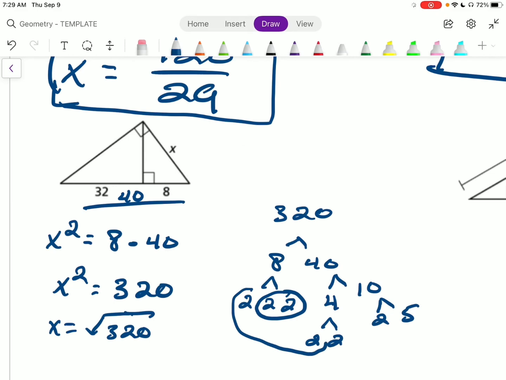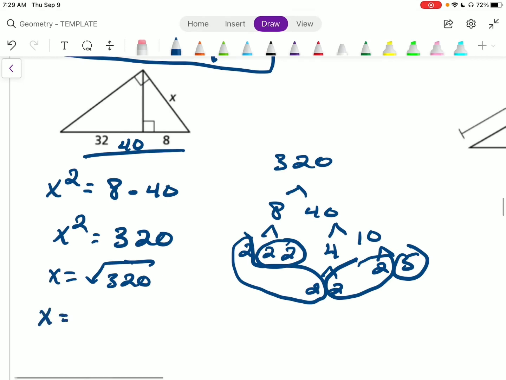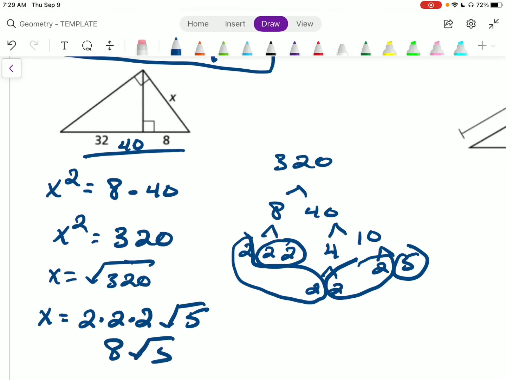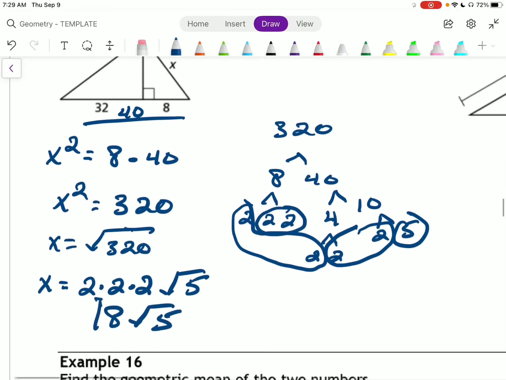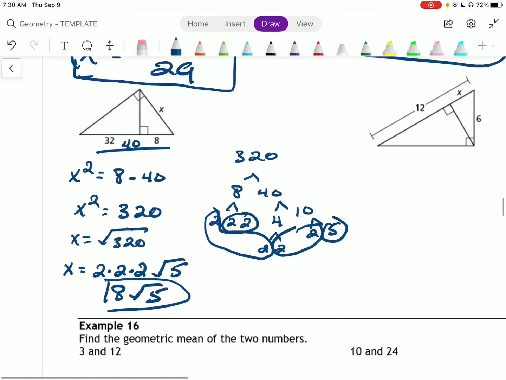So we have a pair of 2's right here, a pair of 2's here, and then a single 5. So we have 3 pairs of 2's. That's going to be 2 times 2 times 2, and then left underneath our root is a 5. 2, 2, and 2 gives me 8, root 5. And that's that one.